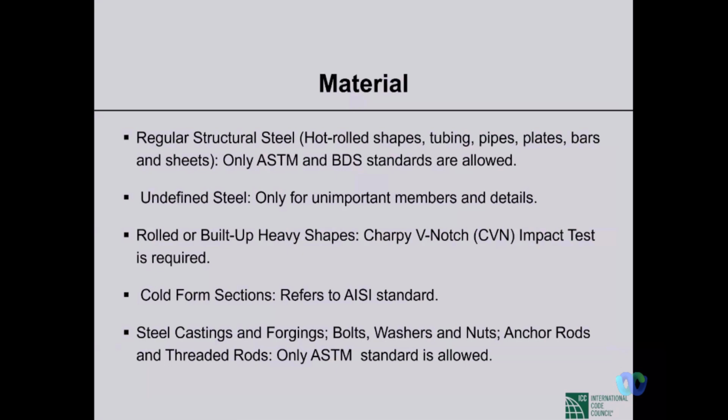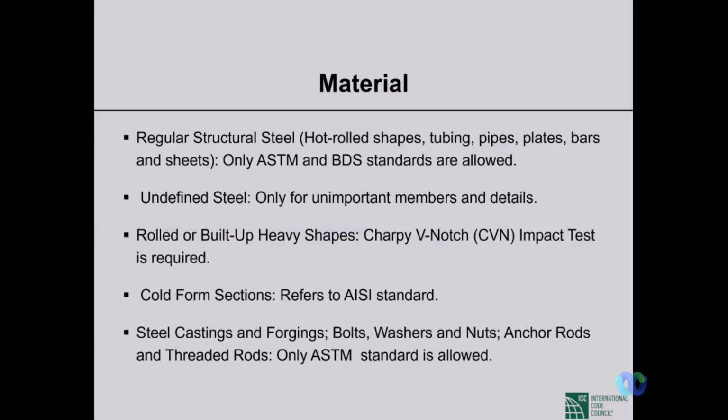Now next comes material for different types of steel sections, like hot roll sections or cold form sections, or built-up sections, or castings, forgings. All the standards that are mentioned in this chapter are either ASTM standards or BDS standards.